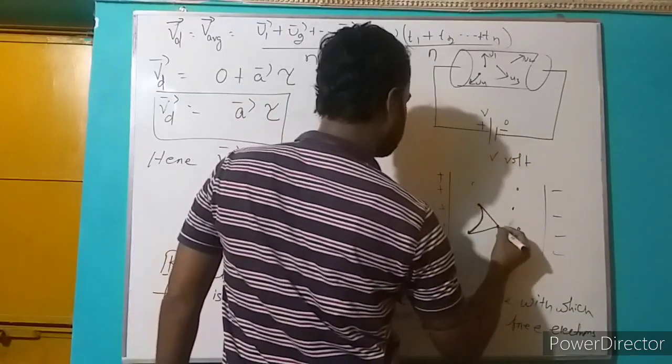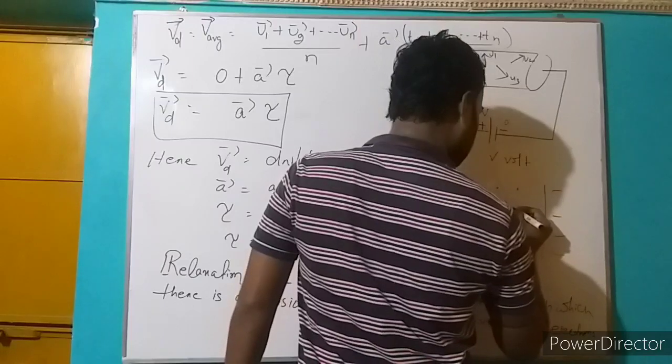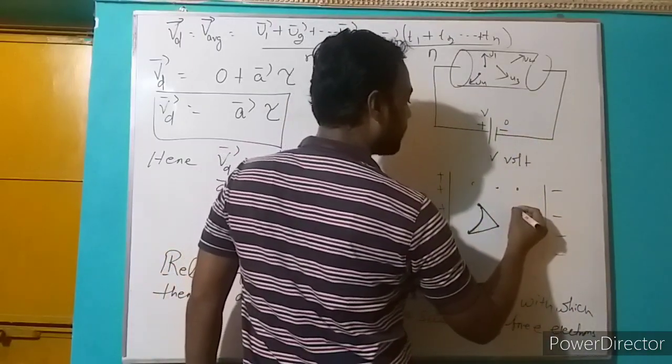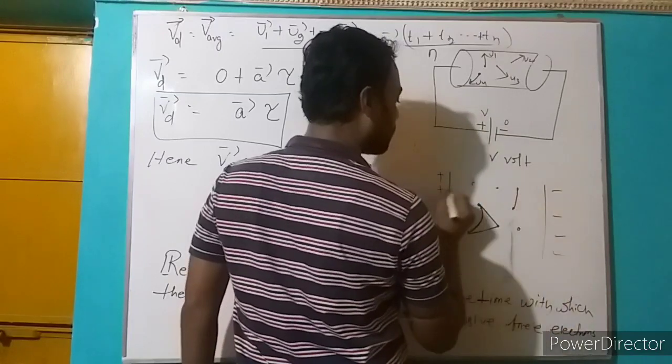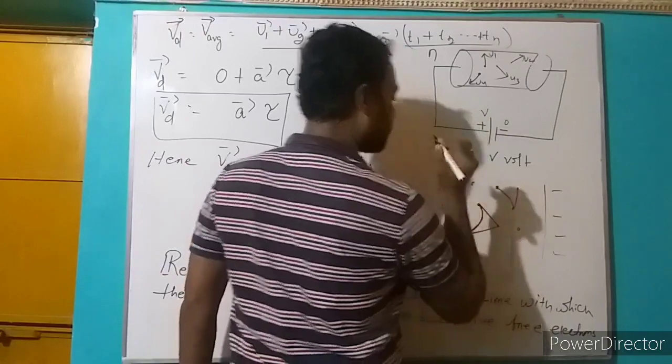So there is a drift here. This is the drift. Similarly, this is the electron. Before connecting the battery, that electron was moving randomly. While we connect the battery, that electron moves in the direction and collides with that electron.